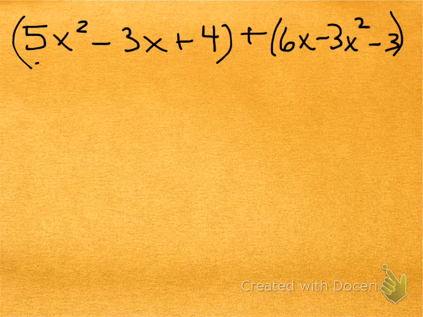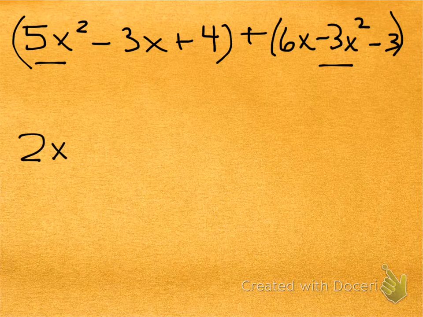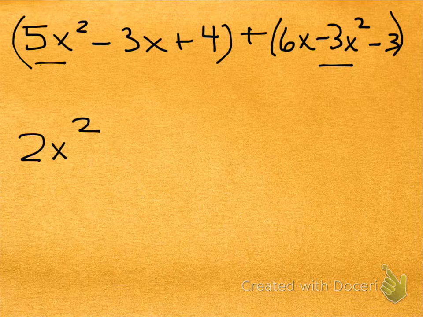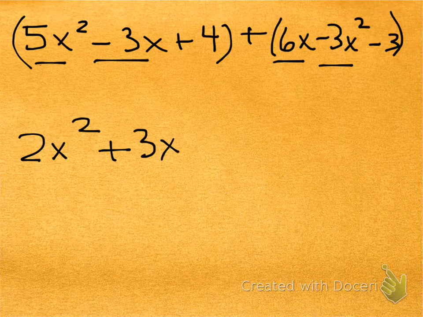So 5x squared is the same as 3x squared. If we go left to right, 5x squared plus negative 3x squared gives me 2x squared. Then you have negative 3x and 6x, so negative 3x plus 6x would be plus 3x.